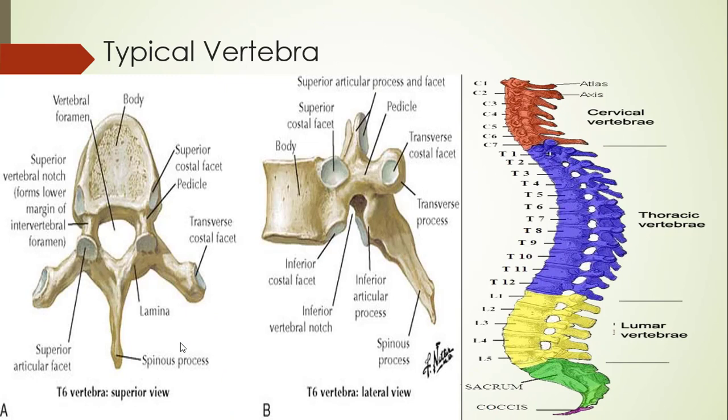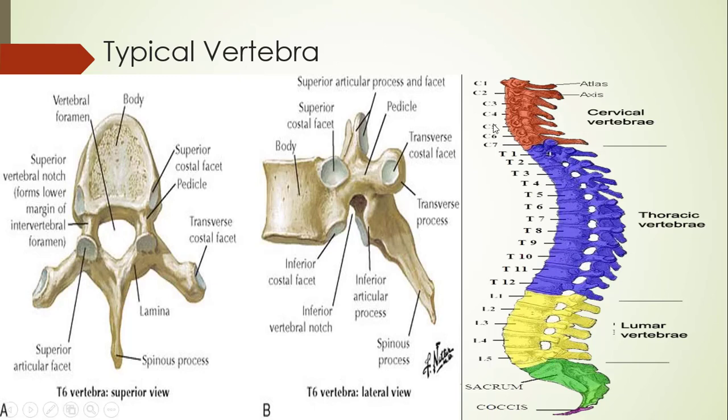Let's talk about the typical vertebra. The typical vertebra consists of a vertebral body anteriorly and a vertebral arch posteriorly. The vertebral body is the major weight-bearing component of a vertebra, so almost all of the weight coming to the vertebrae is borne by vertebral bodies.